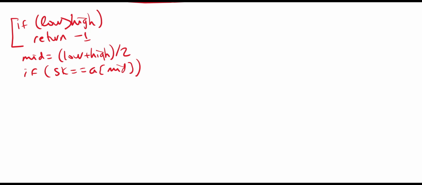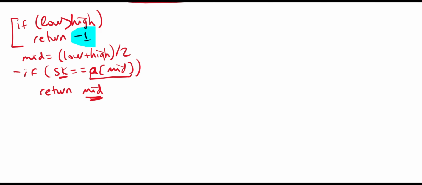Here I used A, assuming that our array name is A. And if the search key and the element at midpoint are equal to each other, then we return mid. Why am I returning mid? Because mid holds the index number of the search key, and I am returning mid to the caller. So if the caller gets a number other than -1, it can understand that the number is found at that index. So that index is mid.